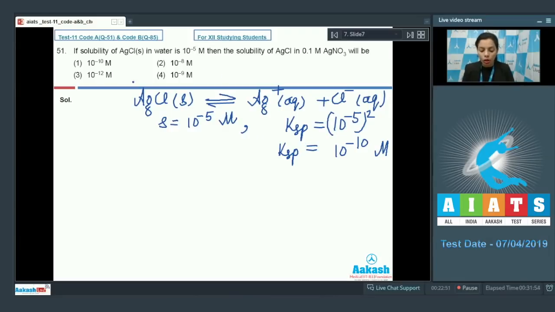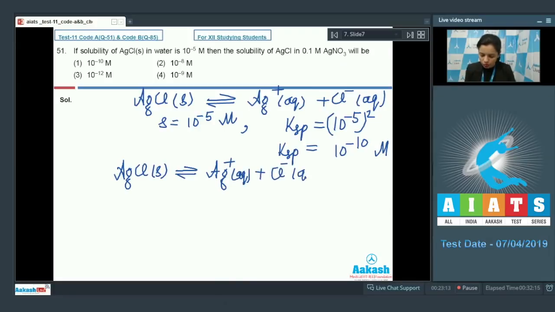Now you are just going to dissolve that AgCl in 0.1 molar AgNO3. It means in this case, we have AgCl once again in the solid state and it's getting changed into ions. And here you need to just find out the solubility in this case. We don't know what is the solubility, but we know the Ksp value, that is constant for AgCl.